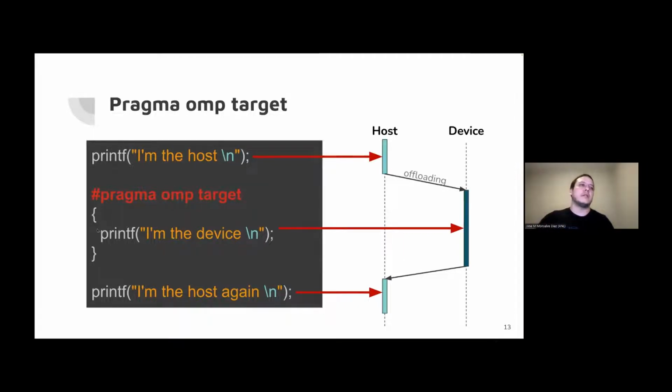So this has to be translated to PTX, that later on has to be translated to cubin in the case of NVIDIA. Then the fact that I have this construct that is an executable construct means that there is an offloading event. That offloading event is actually an event that happens during the execution, that is a function call that communicates with the CUDA runtime that says, here is the function that I'm trying to execute.